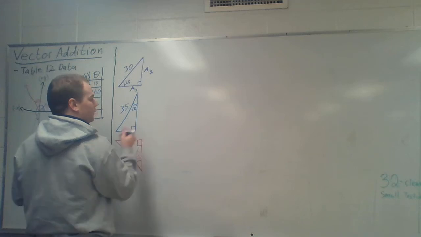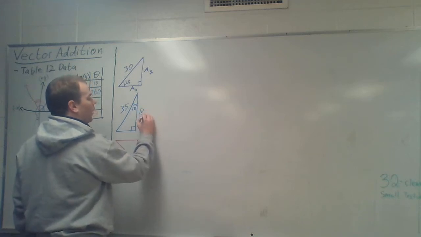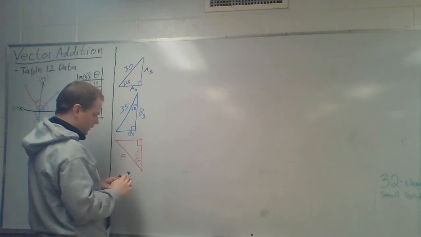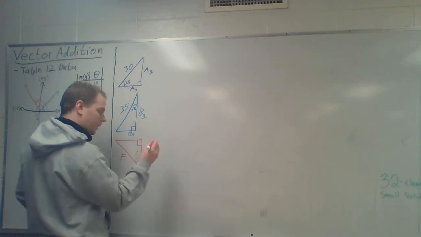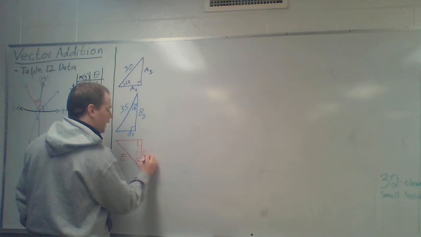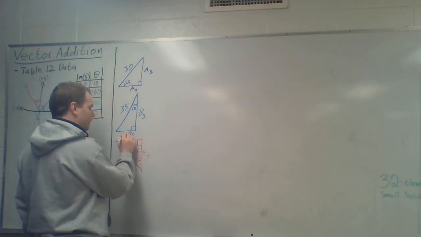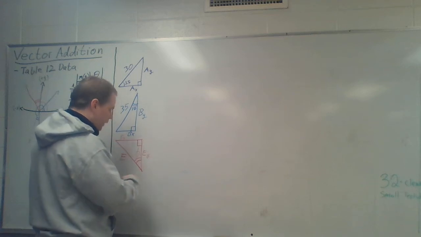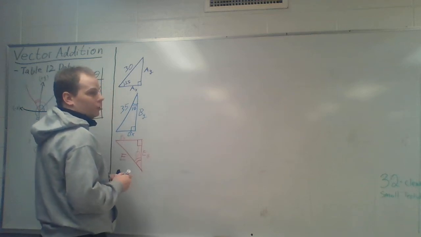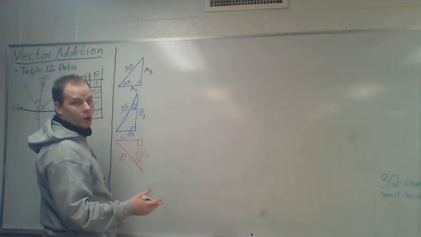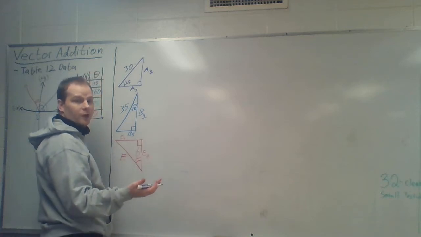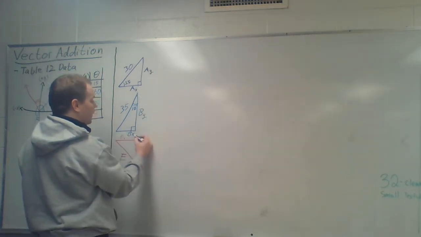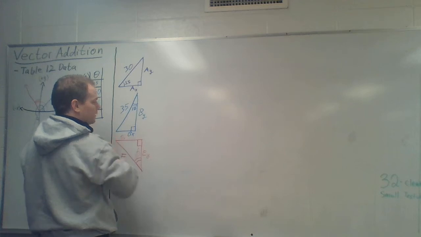Then this one would be by and bx. And then ey and ex. So we just use our triangle trig, or our functions, sine, cosine, tangent, and we're going to determine ay, ax, by, bx, ey, and ex.